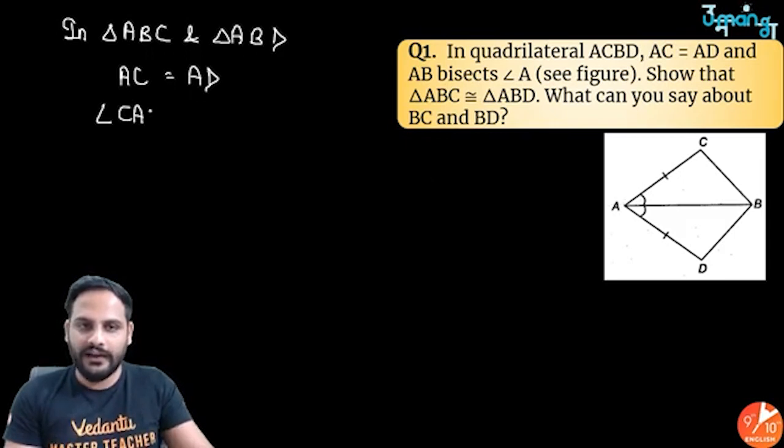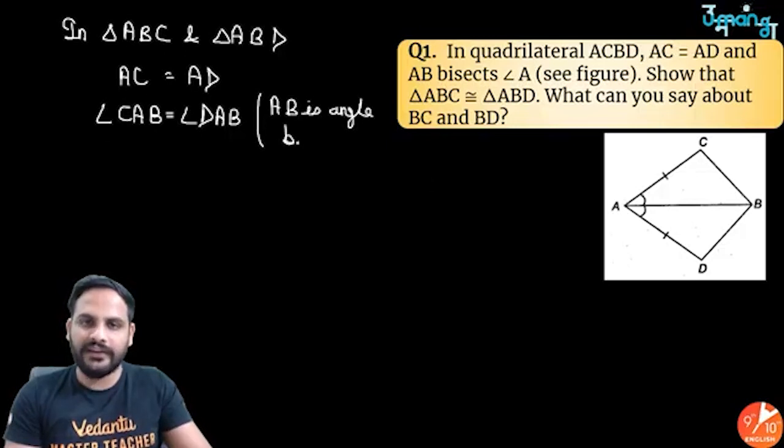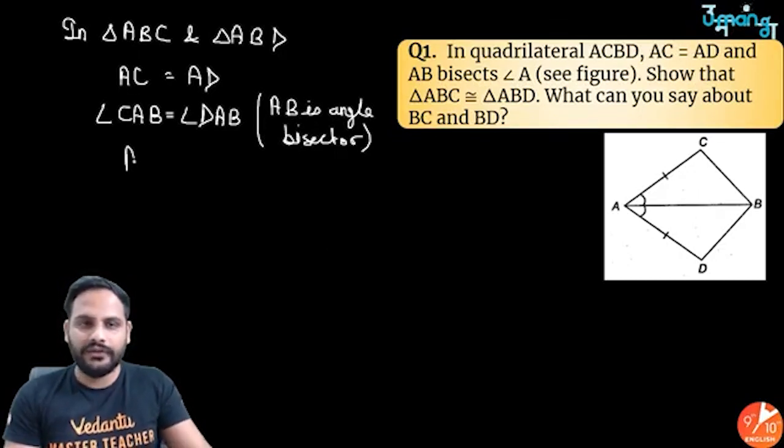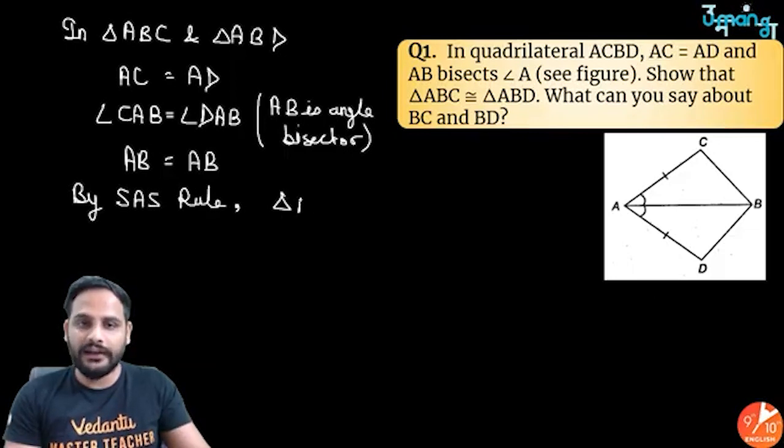So we can say angle CAB is equal to angle DAB, because AB is the angle bisector. It is given to you. And the third thing, AB is the common side for both the triangles, so it has to be equal: AB is equal to AB. So now I can say that by the side angle side rule, triangle ABC is congruent to triangle ABD.